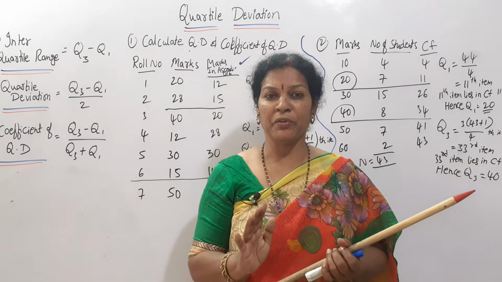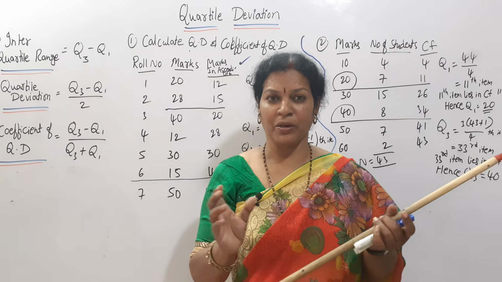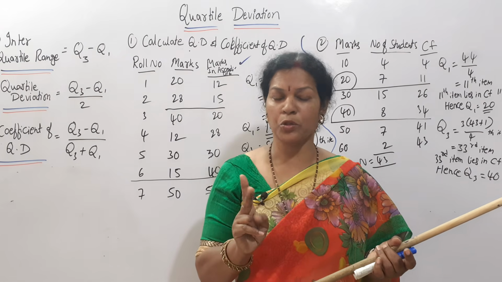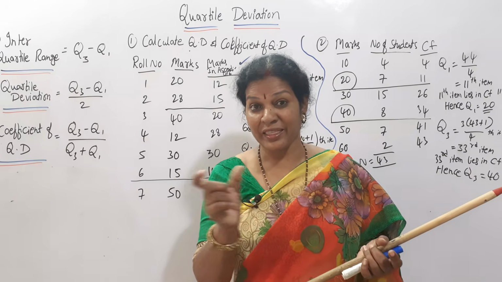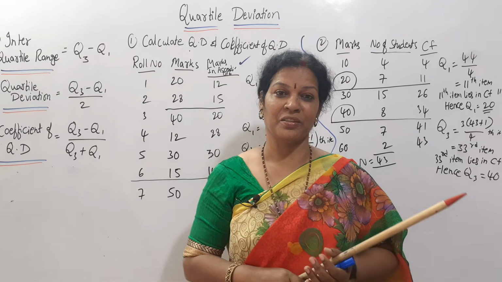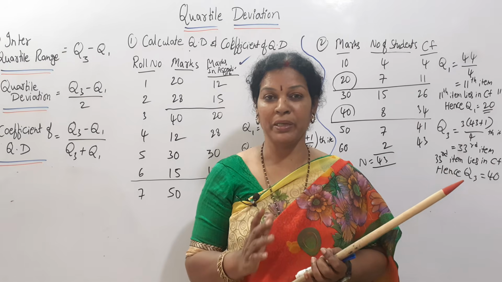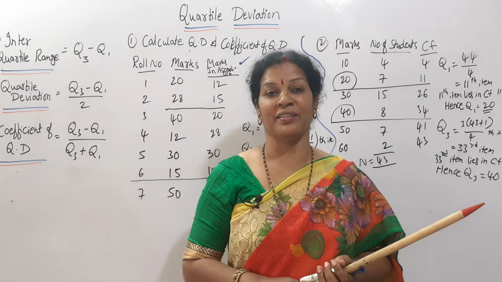You have to remember a few points. In quartile calculation, we consider Q1 and Q3. Q1 means 25%, Q3 is 75%. That difference we are going to consider. The value we calculate is probably better than the range. That is the reason we go for quartiles.